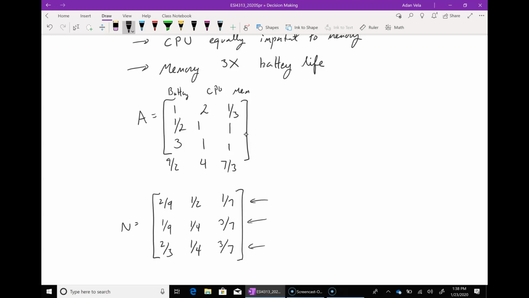The first thing we do here is look across the rows. Do we see the same value across the first row? No. The same value across the second row? Third row? No. So none of these are consistent. That said, sometimes we'll say, well, let's take the average weighting.